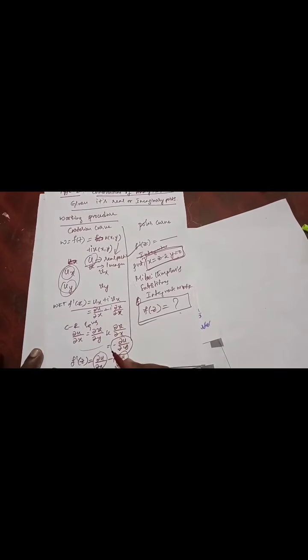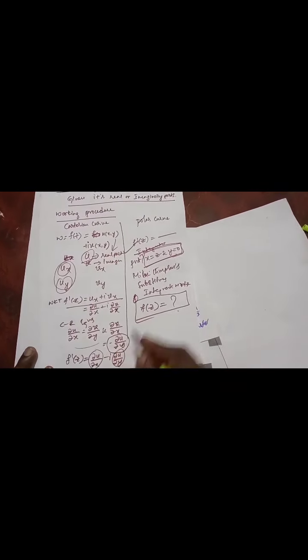If it is Cartesian, then they give a real part. To construct an analytic function whose real part is like this, we have to find the corresponding partial derivatives, substitute in f dash of z and replace by using CR equations.